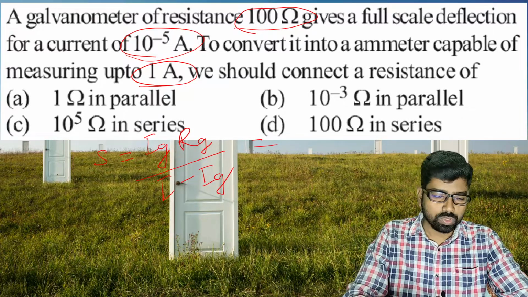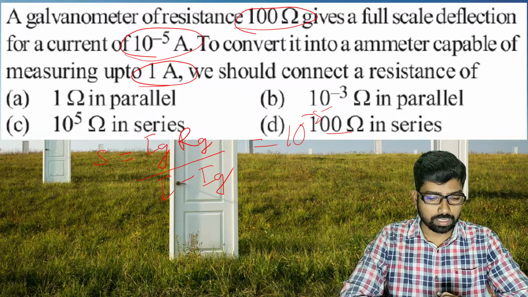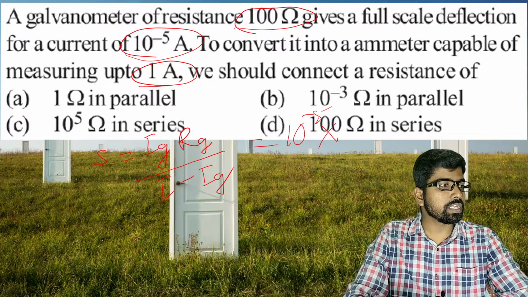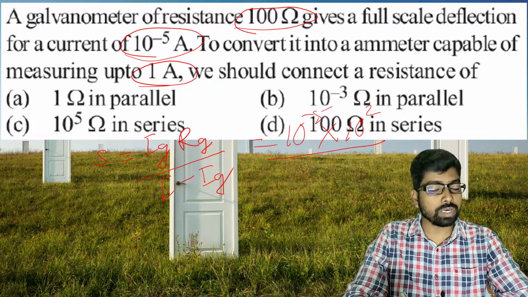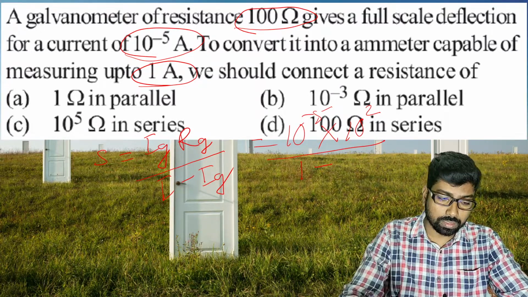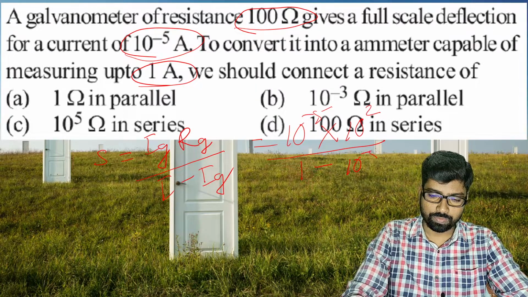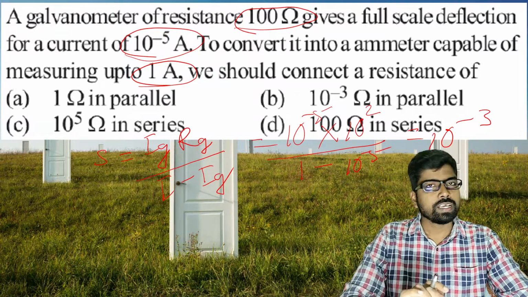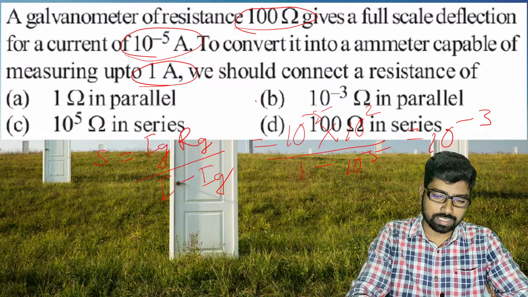The current in the galvanometer is 10 to the power minus 5, multiplied by the resistance of the galvanometer, 100 ohm, which is 10 to the power 2, divided by the total current of 1 ampere minus the current the galvanometer can tolerate, 10 to the power minus 5. Calculating, it comes to 10 to the power minus 3. This is the shunt in parallel, so the answer is B.